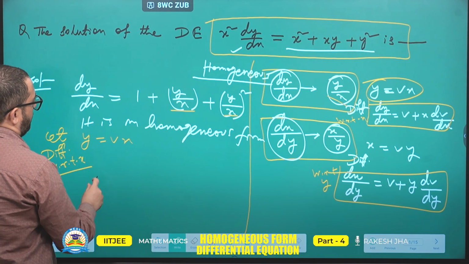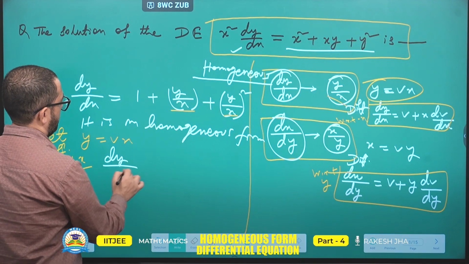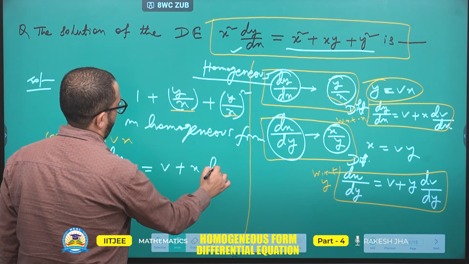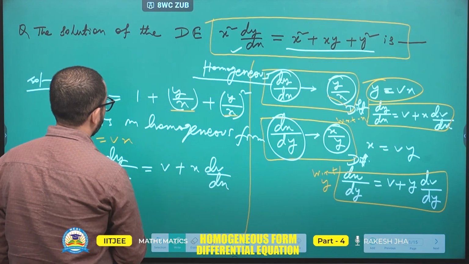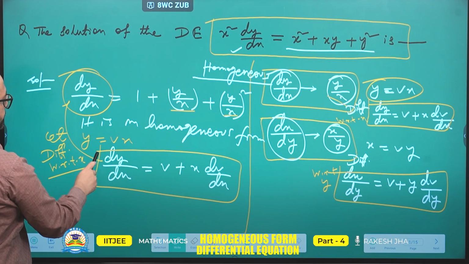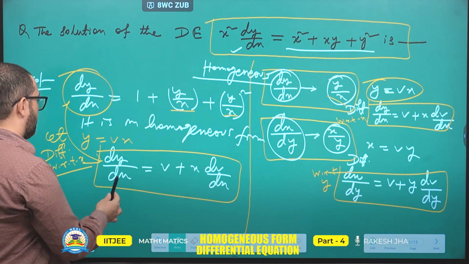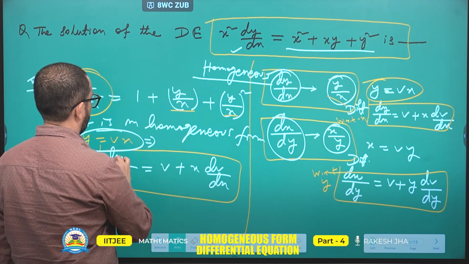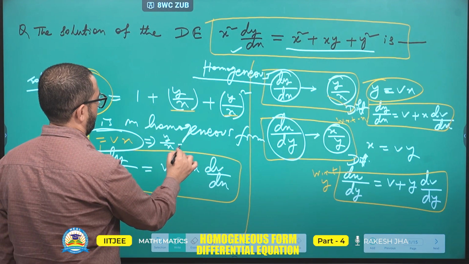What will happen here? dy by dx is equal to v plus x dv by dx. This substitution we have to make in place of dy by dx, and since we have assumed y is equal to vx, this implies that y upon x is equal to v.